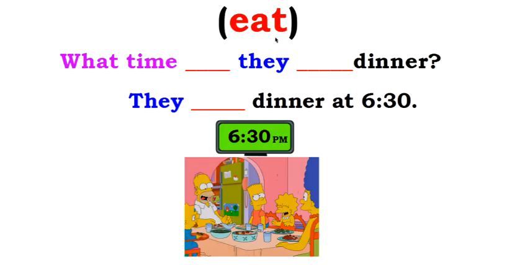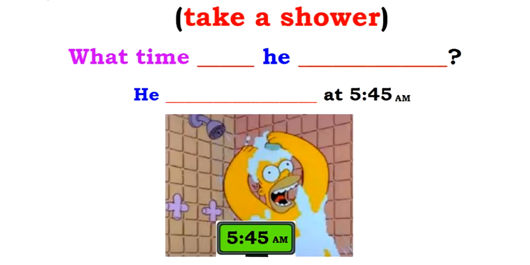For the verb eat, what time do they eat dinner? What time do they eat dinner? And the answer, they eat dinner at 6:30. Very good. Okay, for the verb take a shower.